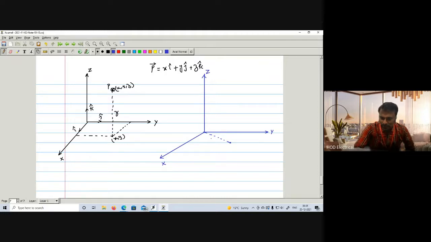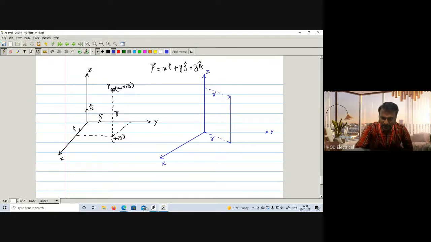Now this is assumed to be the radius of the cylinder. If you draw one line from this point to here, then we can draw one parallelogram. So now this is the cylinder. One part of this is the radius r. This is the radius, therefore this will also be the radius.